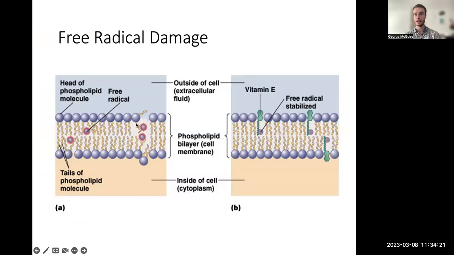So the cell membrane is a big area where we see damage occurring from too much of these free radicals. It's going to damage or interrupt the bonds between our various lipids. And so an antioxidant, such as vitamin E here, will stabilize that free radical and can either repair the damage to the lipids or just replace them for a time in order to maintain that stability of the membrane.